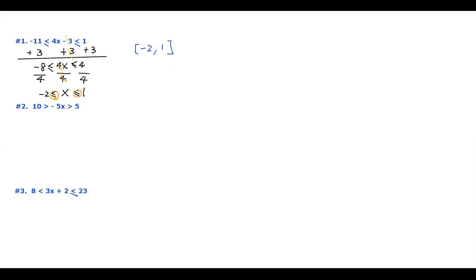All right, so now I want to graph it on the real number line here. You will say, okay, this is 0, this is 1, 2, 3, this is negative 1, negative 2, negative 3. So I'm graphing it.